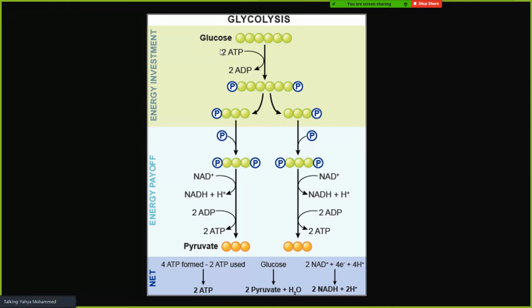So you use 2 ATPs in the beginning, that causes this glucose to split apart into 2 things. So you have 3 carbons now. Then you add another phosphate group, so now you have 3 carbons and 2 phosphate groups on each. Brother, where did that random phosphate come in from? I don't understand.